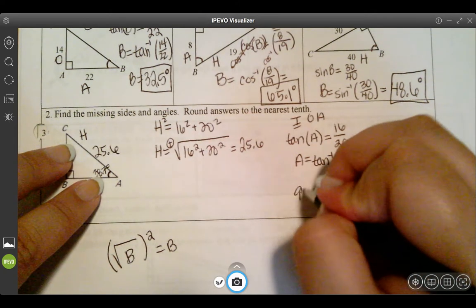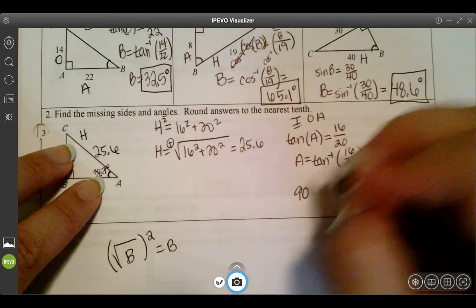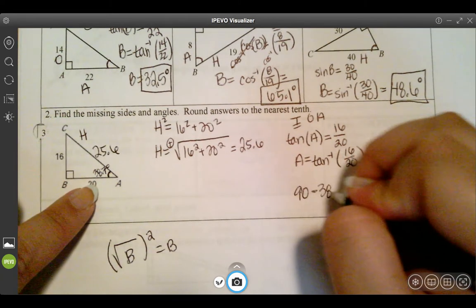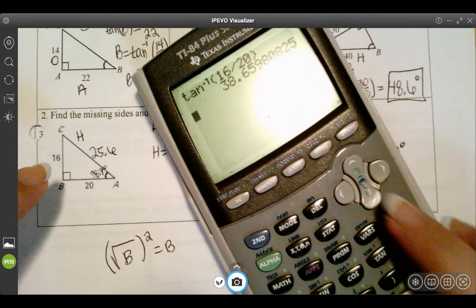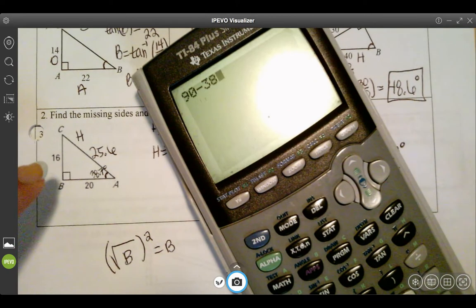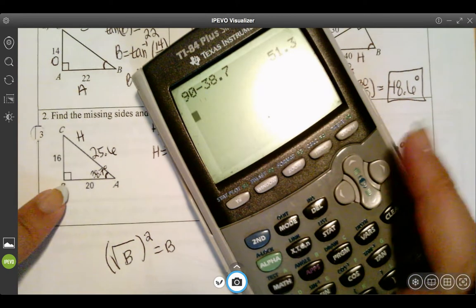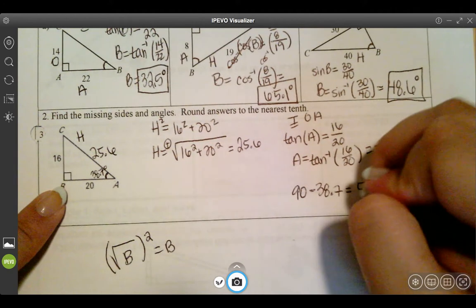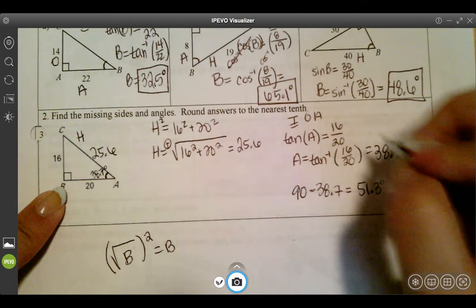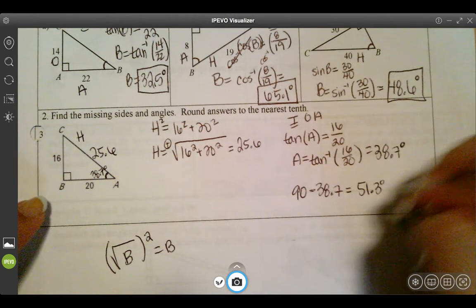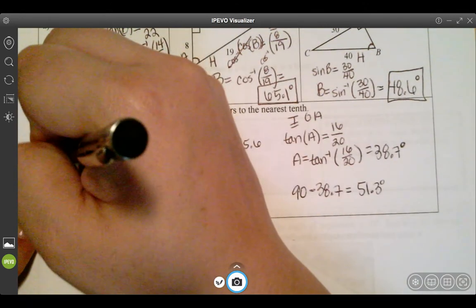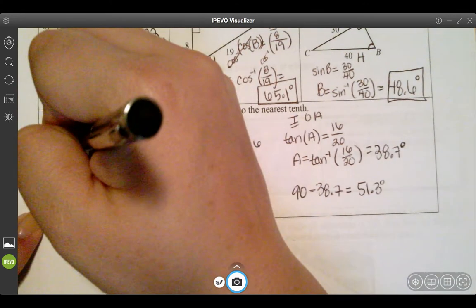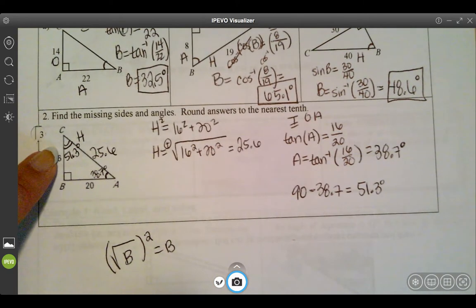So that means I can kind of take a shortcut, 90 minus 38.7 gives us 51.3. And if you use trigonometry, you'll get exactly the same answer. 51.3. Notice I put 2 congruence marks here because those 2 angles are not congruent to each other.